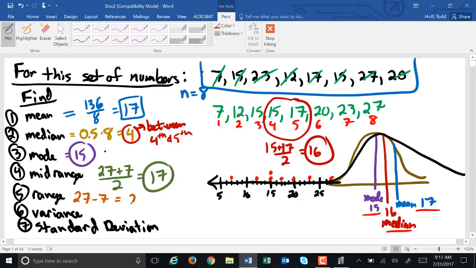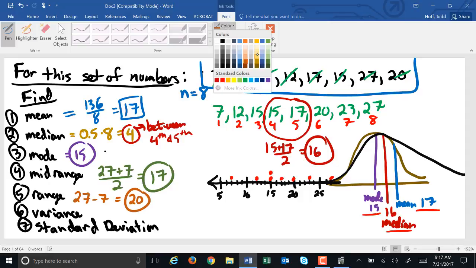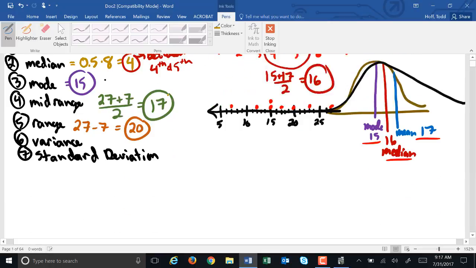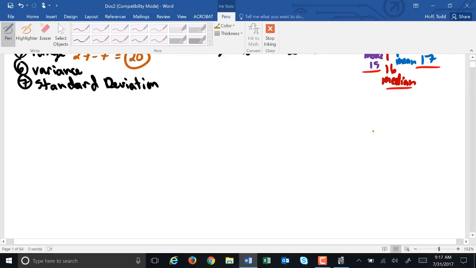Largest minus the smallest gives us 20 for the range. The variance is going to take a wee bit more work. I tried to be nice to you here by giving you a mean that came out to a whole number of 17, which makes the variance and standard deviation a little bit less work.